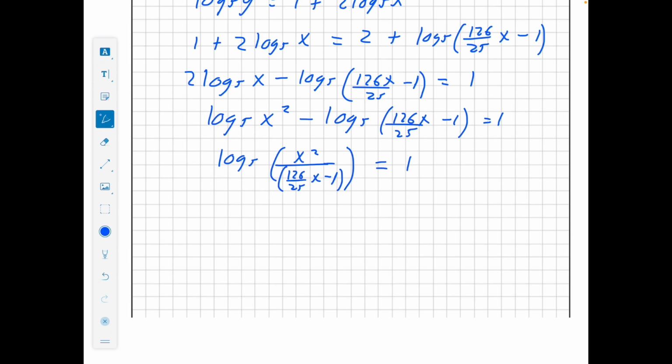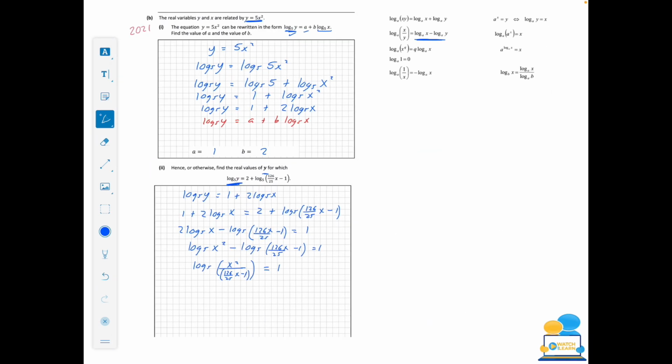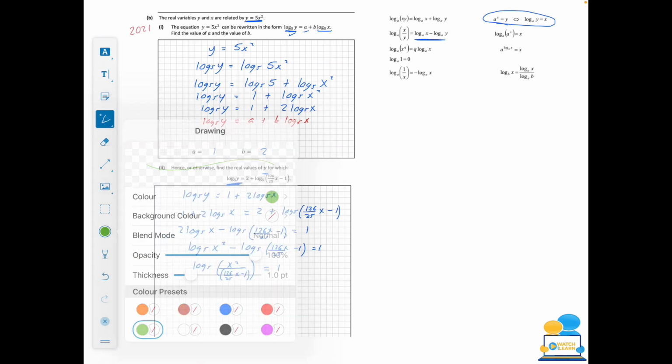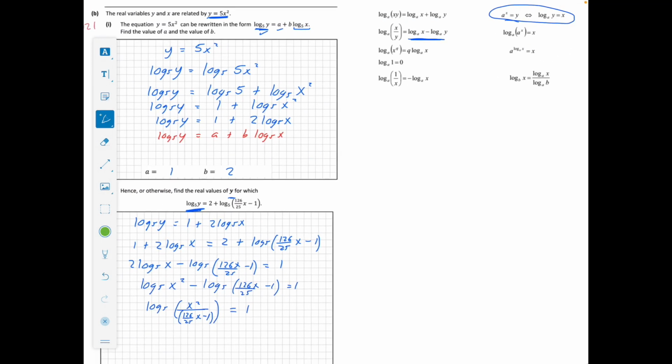Okay, this might look a little tricky to solve, but when we get rid of the logs now, it'll actually all come together nicely. So again, I'm at this kind of stop point now. What I'm looking for, the x, is stuck inside the log. Any time I get to this stage, I need to use the top rule here in the right hand corner to change it to indices or index form.